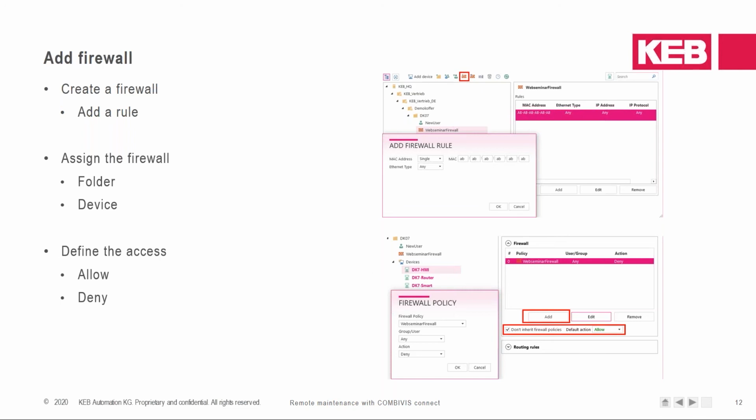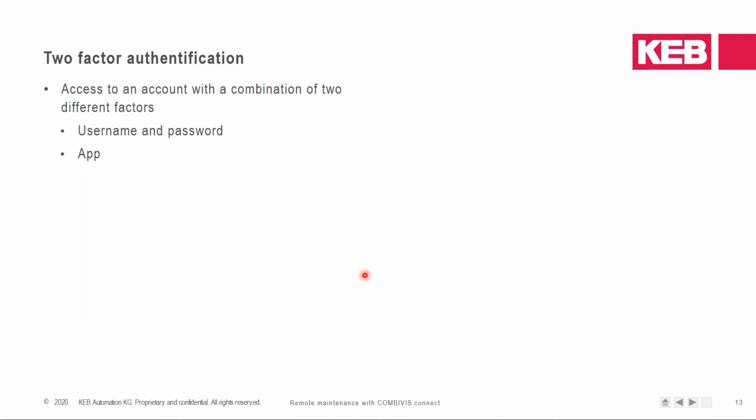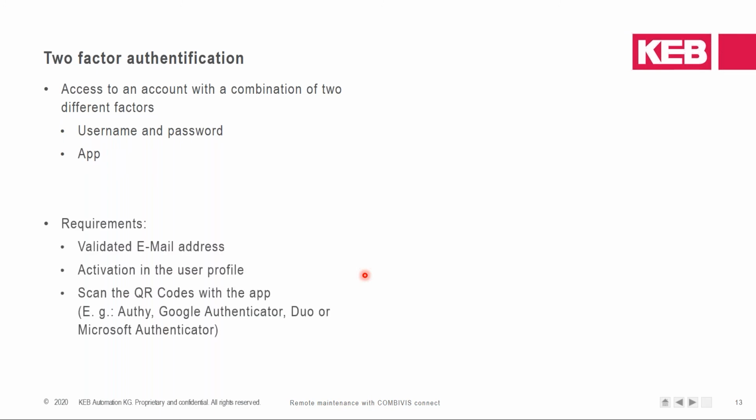Very good. Okay, another point is the two-factor authentication. The two-factor authentication is a security feature where you can only gain access with the combination of two different factors. The first factor is the username and password, and the second is an app. The requirement for that is a validated email address.